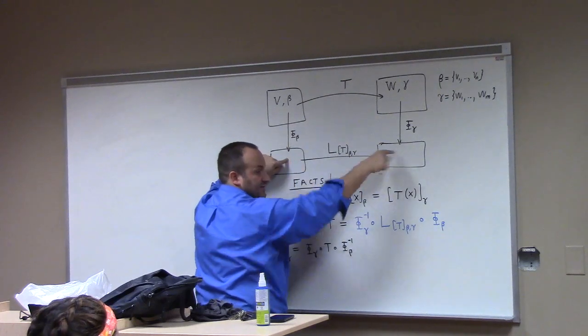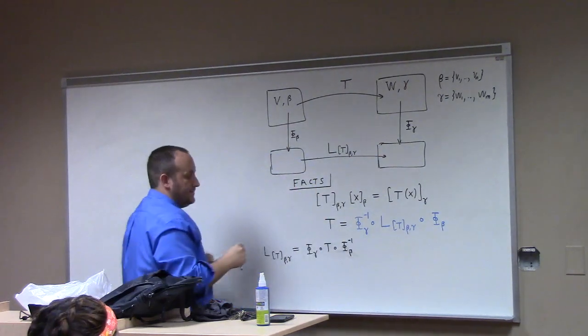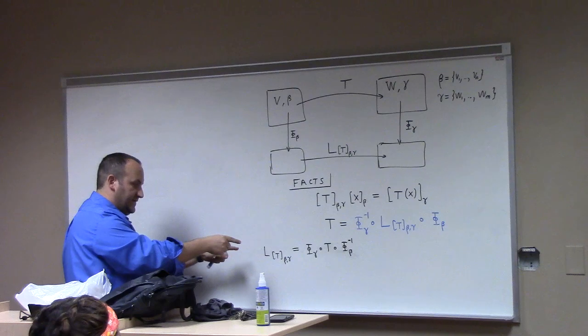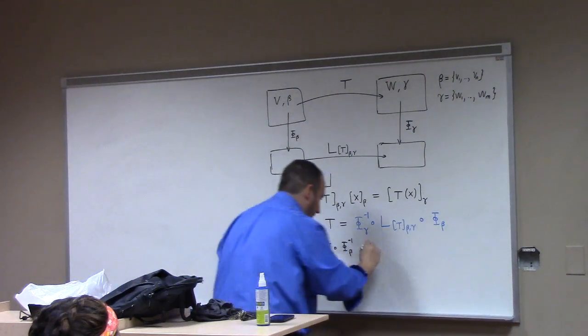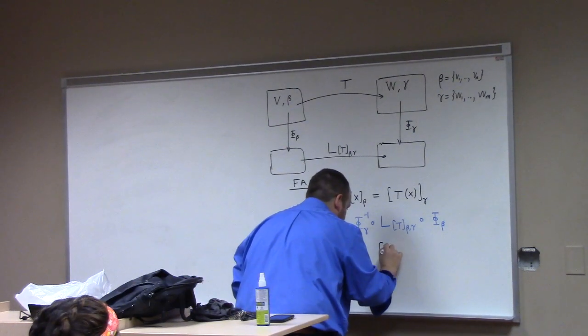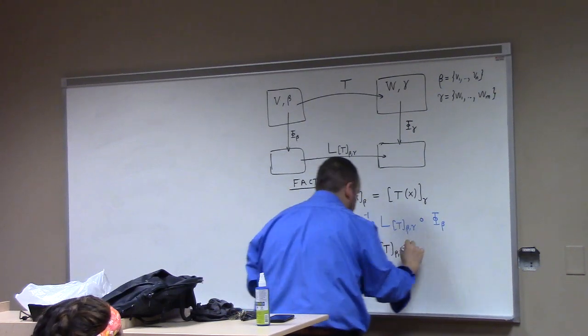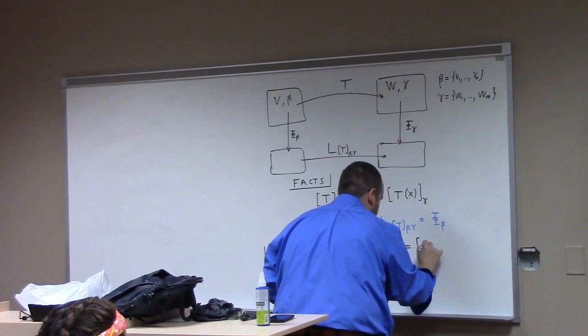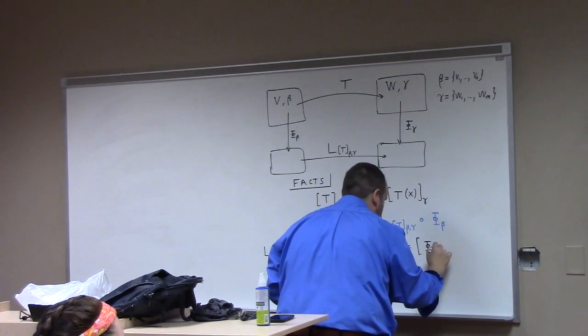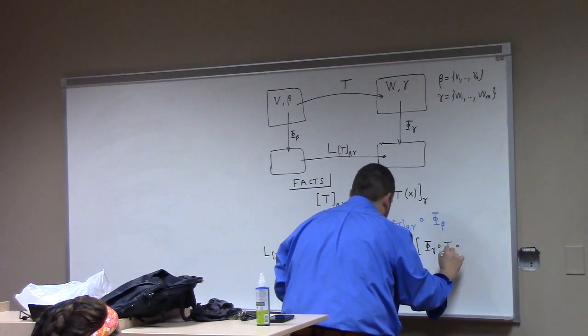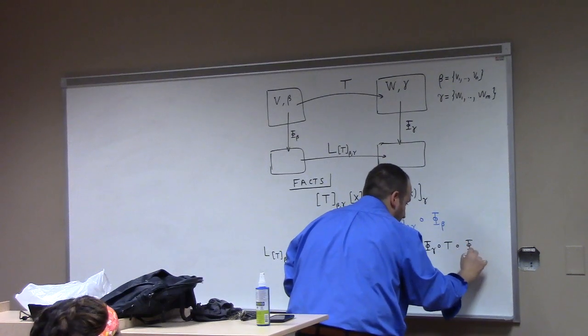So that's the same as this mapping. This is important because it shows that I can write the matrix T beta gamma as equal to the standard matrix of phi gamma composed with T composed with phi beta inverse.